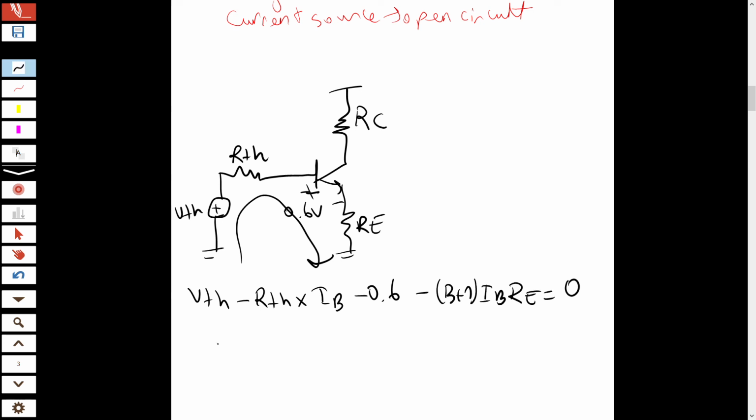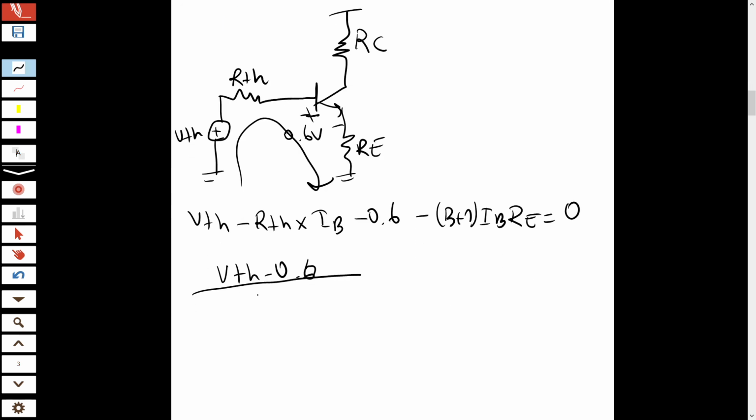If I rearrange this, VThevenin minus 0.6 divided by RThevenin plus beta plus 1 times RE equals base current.